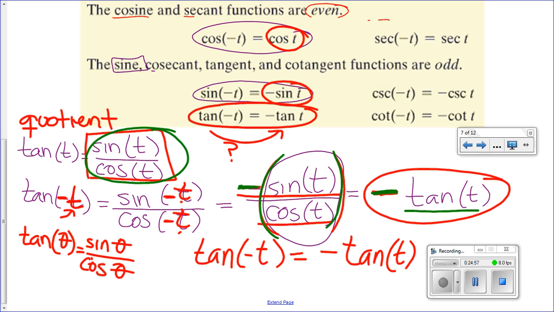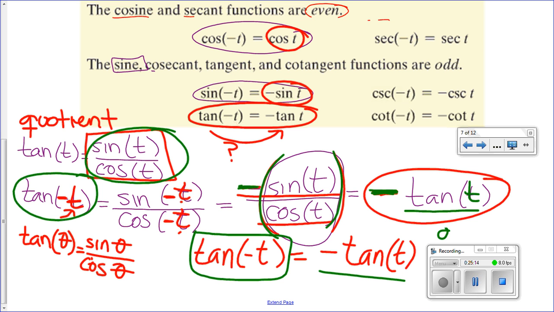The whole idea behind this is that since the tangent of the negative angle, what we started with, is equal to the opposite of the tangent of that angle, but positive instead, because of that, we could say that tangent is odd. All right? I'm just doing that to show you that that is true. That's it. You're not going to be tested on it.